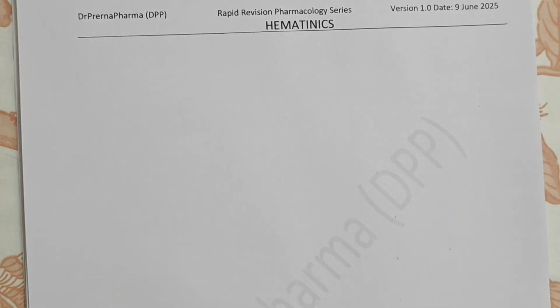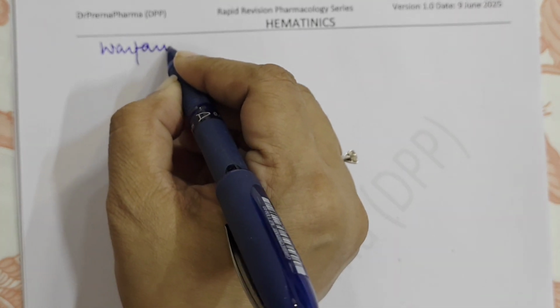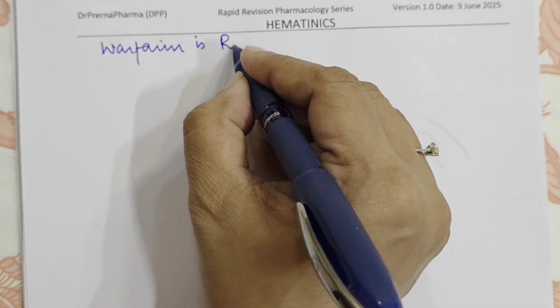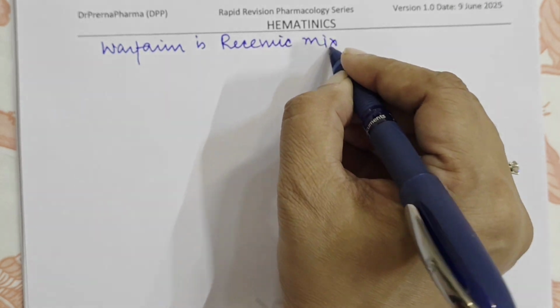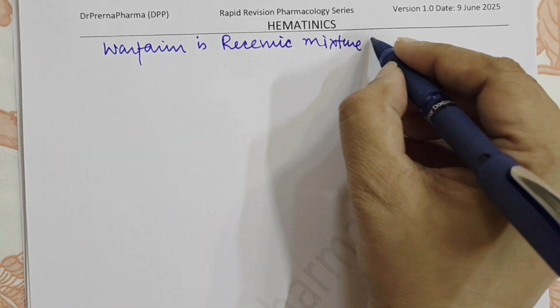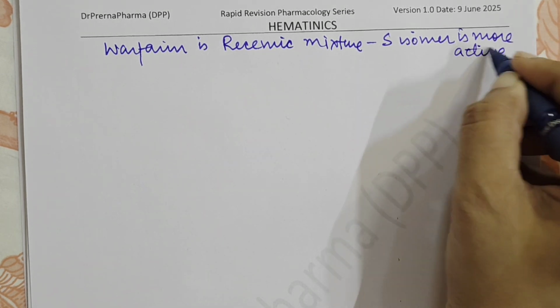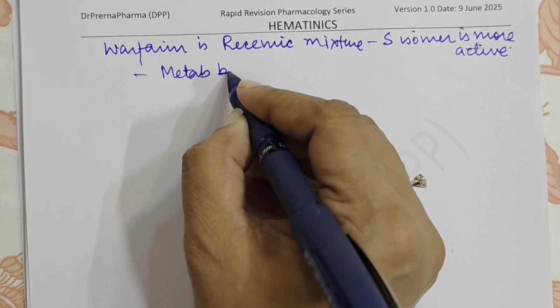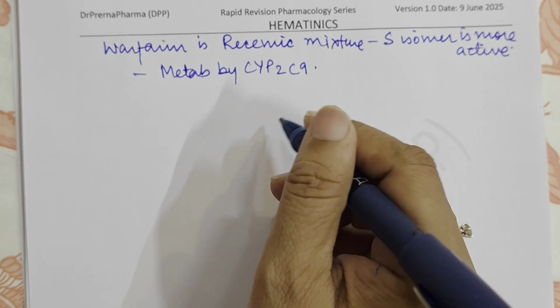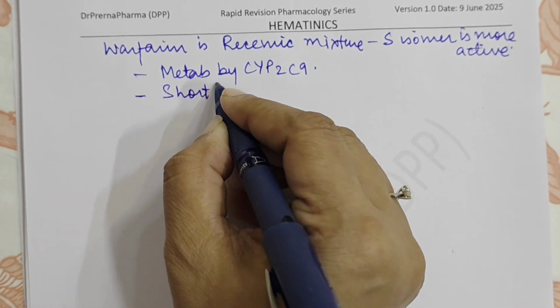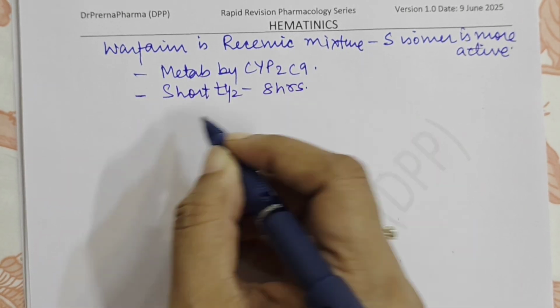Now coming to the warfarin details more. Warfarin is a racemic mixture, and S isomer is more active. Warfarin is metabolized by CYP2C9 enzyme. It has a very short half-life, which is 8 hours.